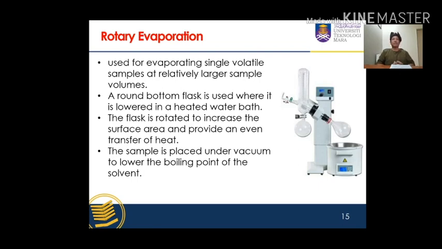Typically, a round bottom flask is lowered into a heated water bath, and then the flask is rotated to increase the surface area and provide an even transfer of heat. The sample is also placed under vacuum to lower the boiling point of the solvent.